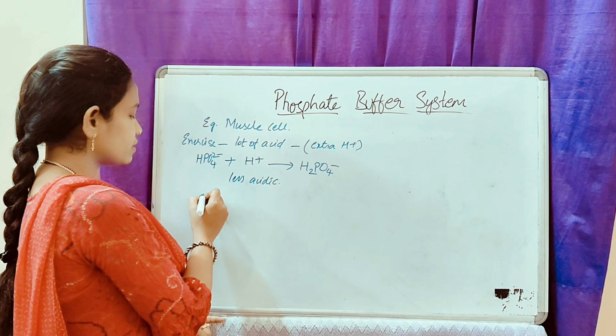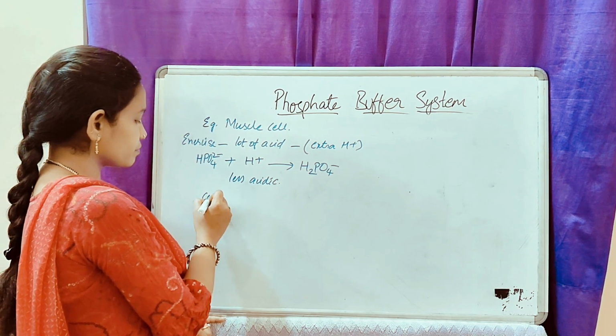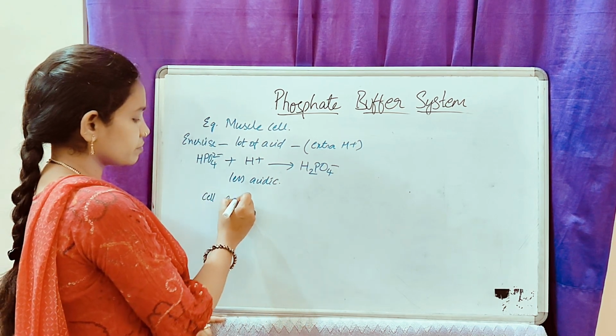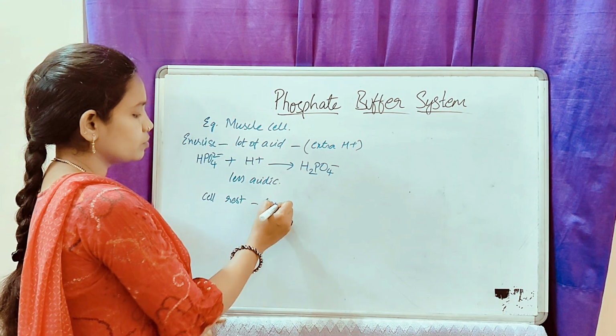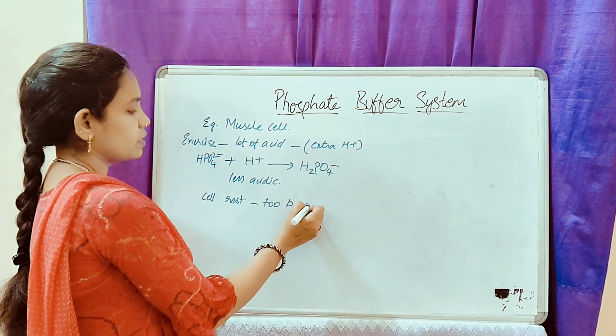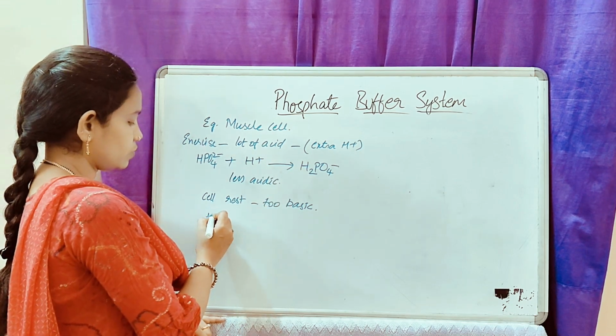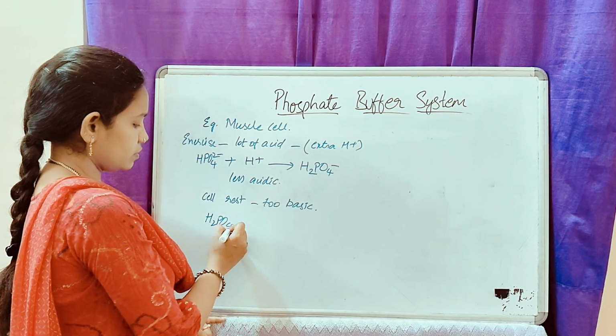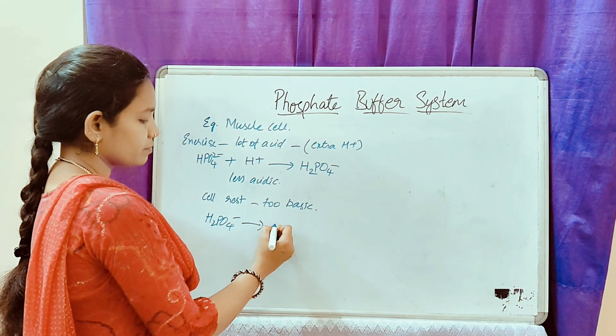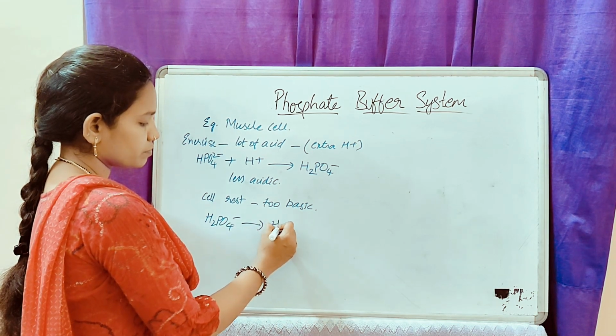Now what will happen when the muscle cell rests and the environment becomes too basic? In that condition, what does the phosphate buffer do? It will release some hydrogen ions.